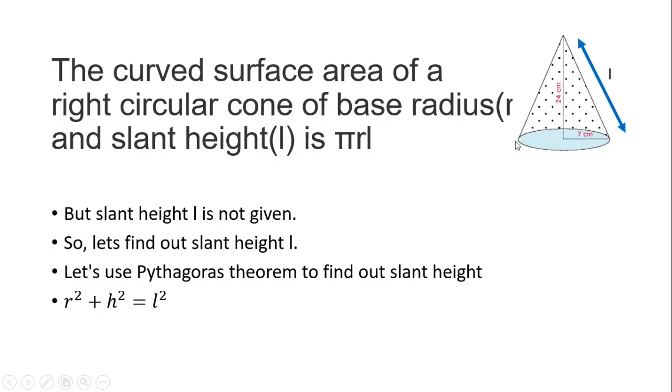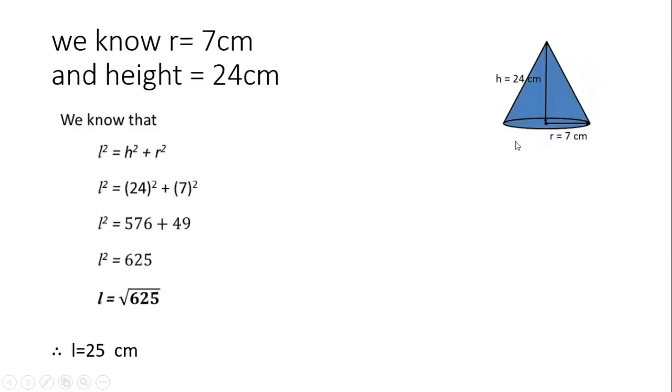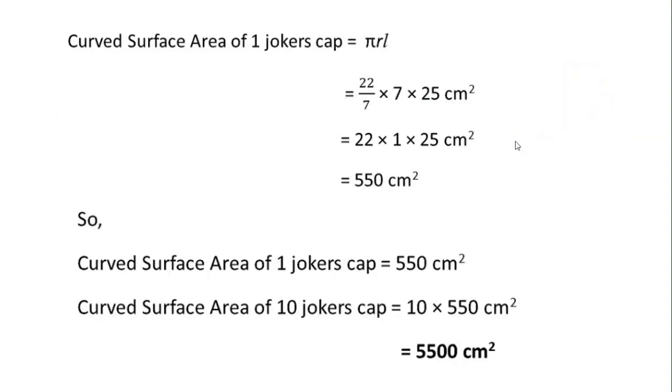Now, after finding the slant height, it is easy for us to find out the curved surface area. How can we get the curved surface area of the right circular cone? Indirectly it is the joker's cap, because the joker's cap has the base radius and the height, it is in the form of a right circular cone.